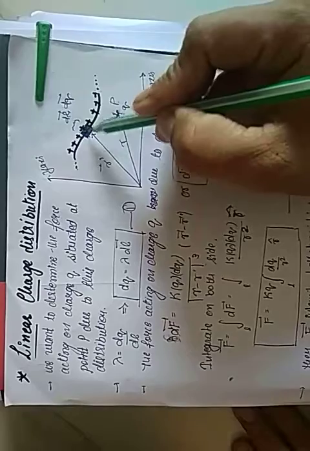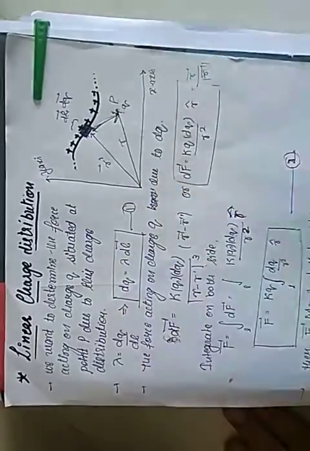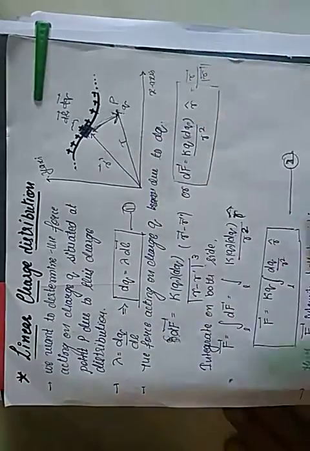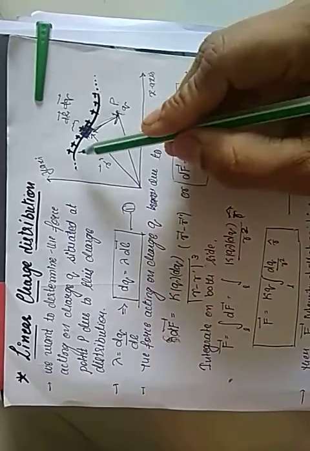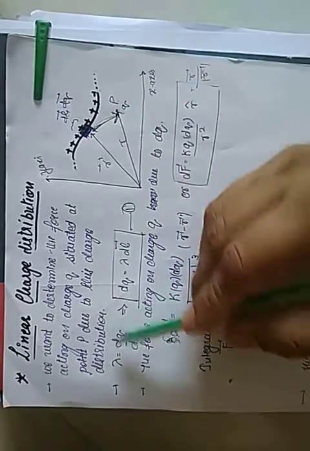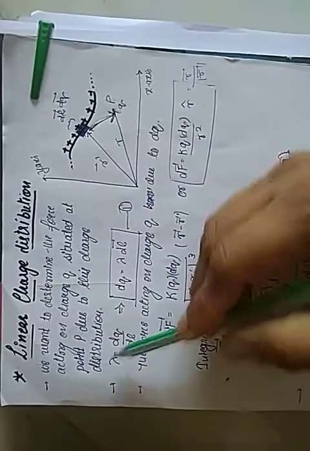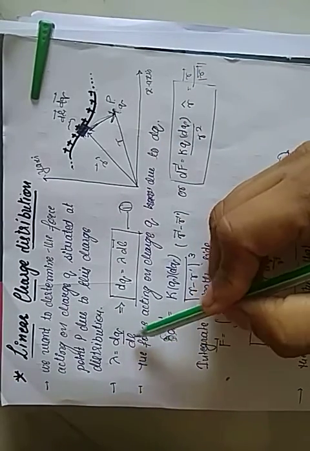So we assume a small charge particle, and here the small charge particle is q. We want to find the force between the whole wire and this one charge. So how to calculate the force? As we can see, this is a linear charge distribution. For a one-dimensional object, we have the formula lambda is equal to dq upon dl.